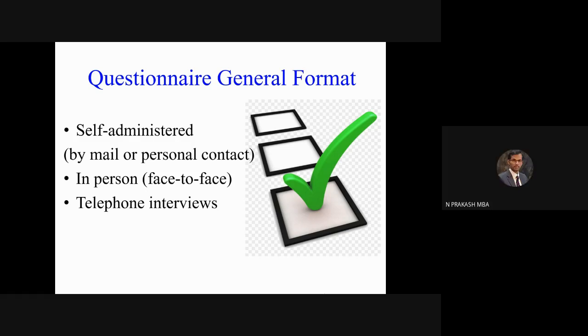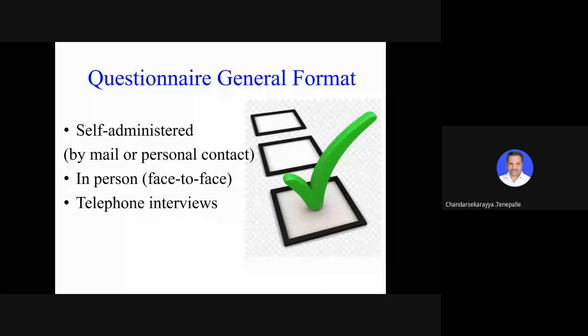There you have to get an appointment, wait some time, and collect the data through personal contact, face to face. You see the respondents and fill in the questionnaire you have framed. But in the mail category, you can send the mail to them. You can send the Google form to them.